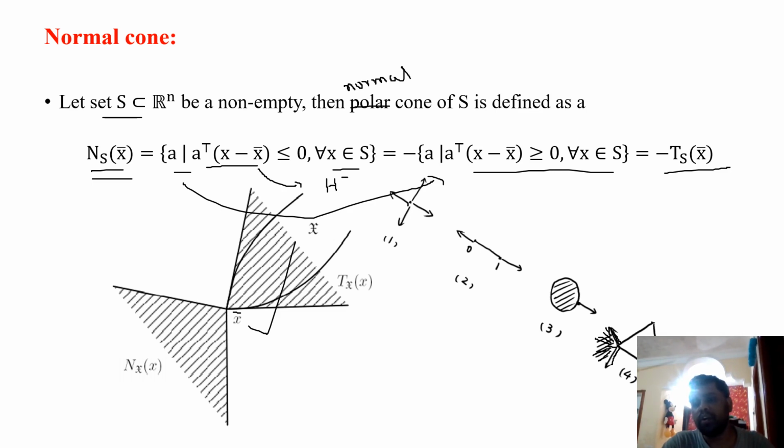Similarly, at this corner point, you will get normal directions between these two extreme directions. That means your normal cone at the extreme point where the boundary is not differentiable has a cone structure. For this, it is simple.